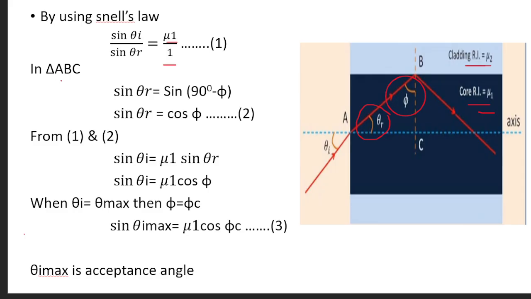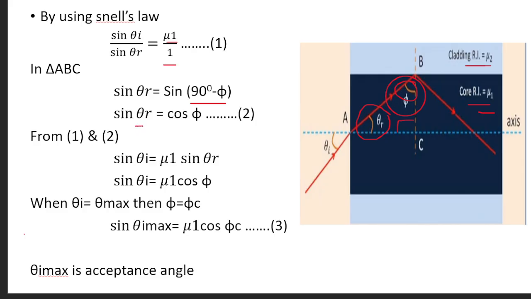So as we can see in triangle ABC, sine of the refraction angle, sine of theta r, is nothing but the sine of 90 minus phi. So this angle is 90 degrees, and this angle is your phi angle. So 90 minus phi gives you theta r, and the sine of 90 minus phi is nothing but cos phi.